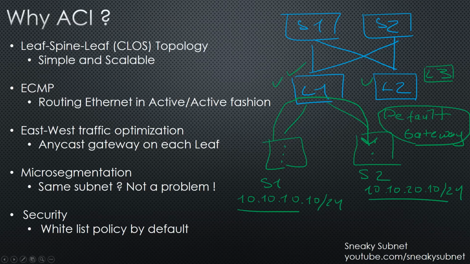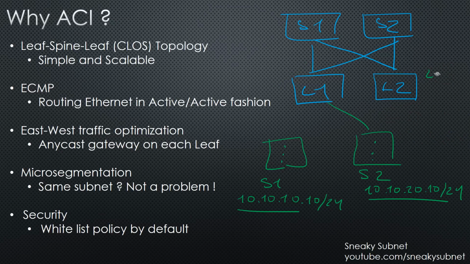And if you really care about security, ACI can help with that as well, with micro-segmentation capabilities and whitelist policy, which is implemented by default. So let's clear it again and talk about a different case.